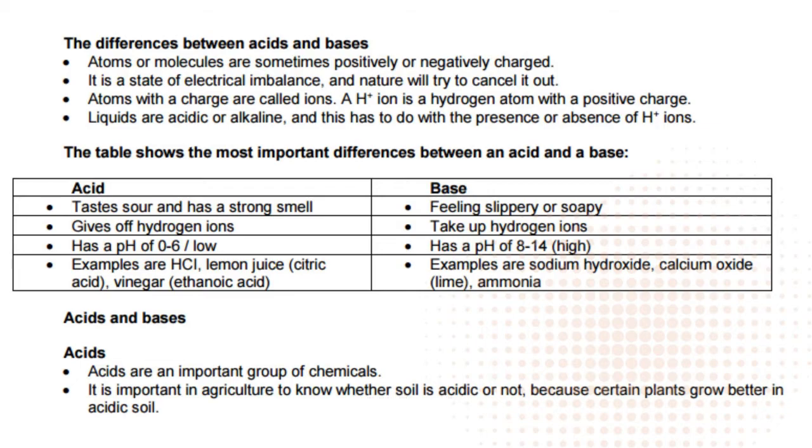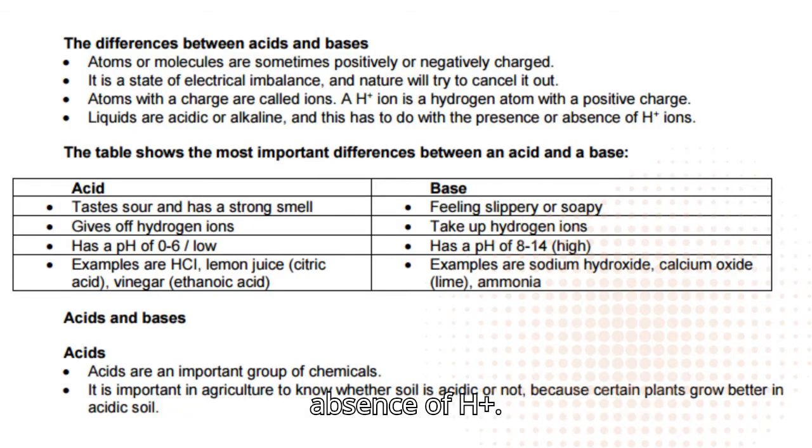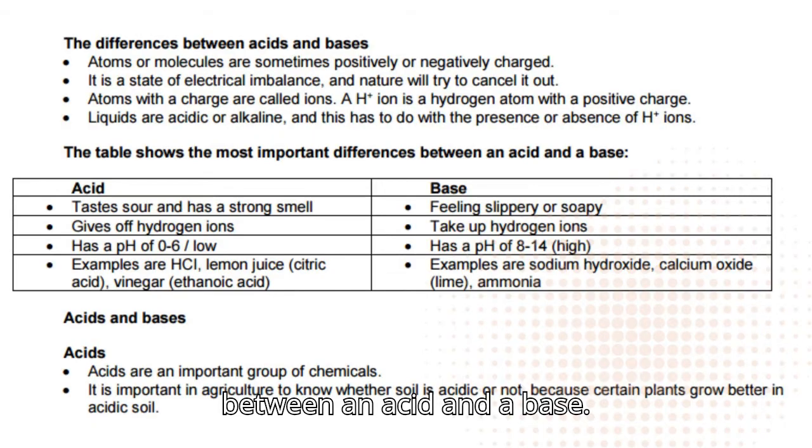An H+ ion is a hydrogen atom with a positive charge. Liquids are acidic or alkaline, and this has to do with the presence or absence of H+ ions. The table shows the most important differences between an acid and a base.